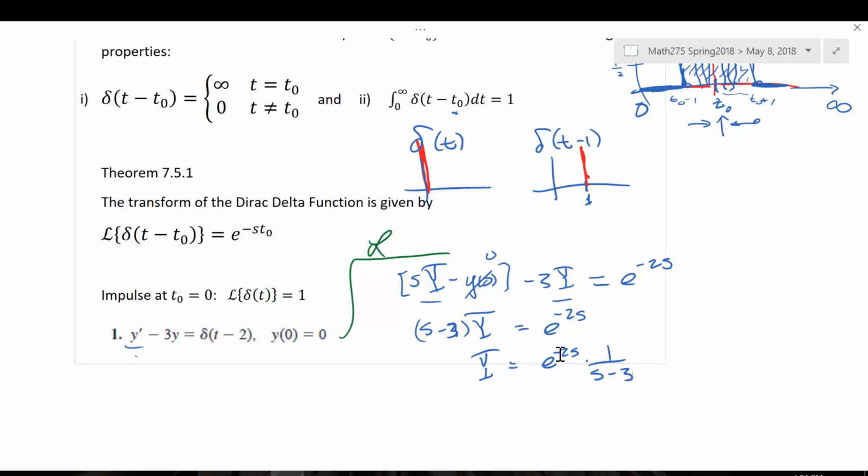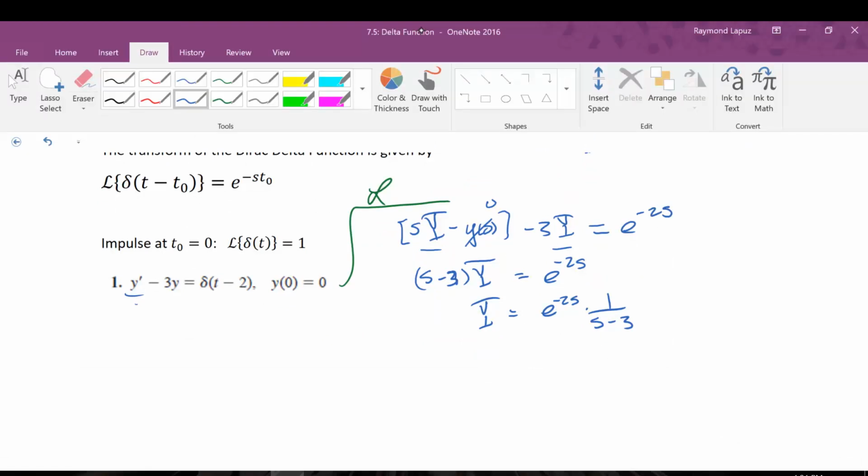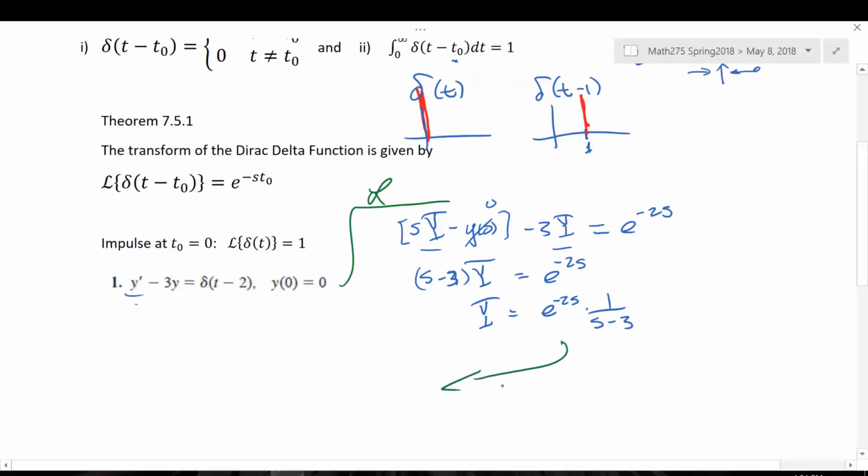There's a translation theorem that happens in t, and one that happens in s. So this is going to be some sort of translation theorem. Let's bring this back by doing the Laplace inverse. What is the translation theorem that we need?